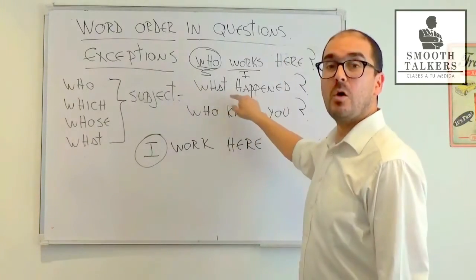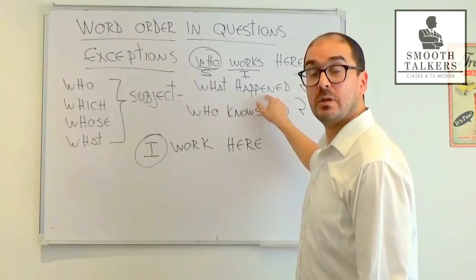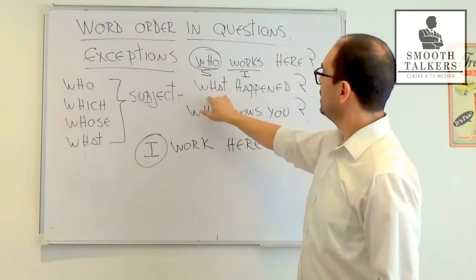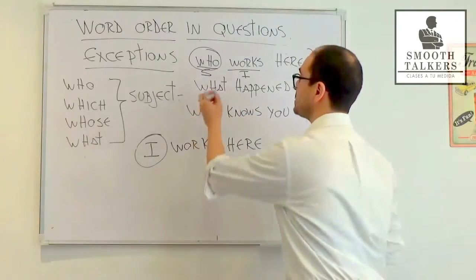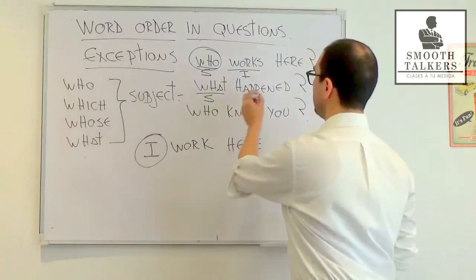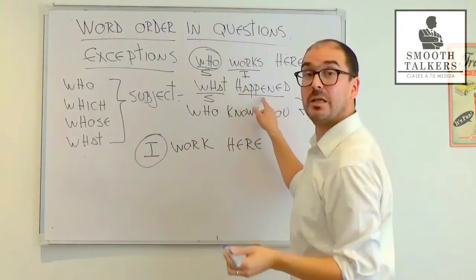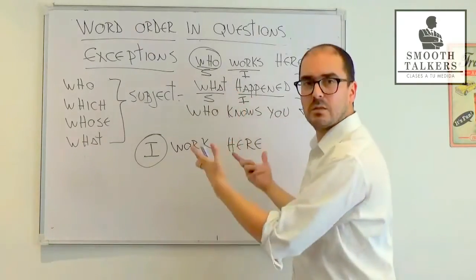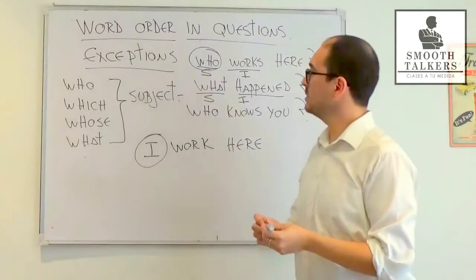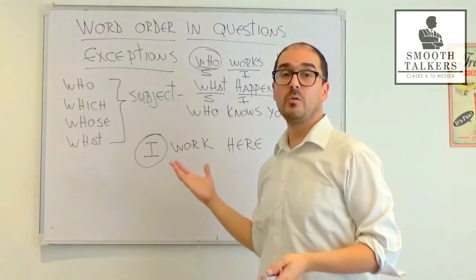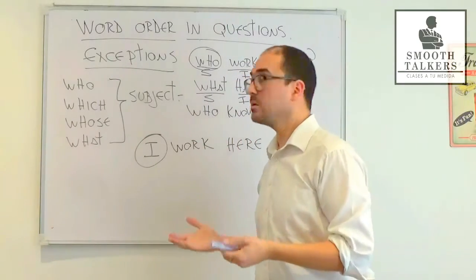Now, here, what happened? This is a very common question. What happened? What is the subject of a phrase? So then we have a verb in past tense. So this is the infinitive, well, in past tense mode. So that's why these questions don't follow the rule we saw before.